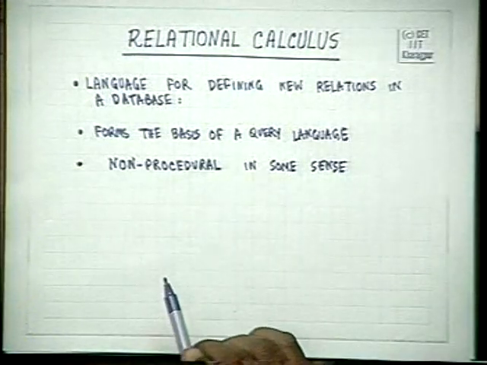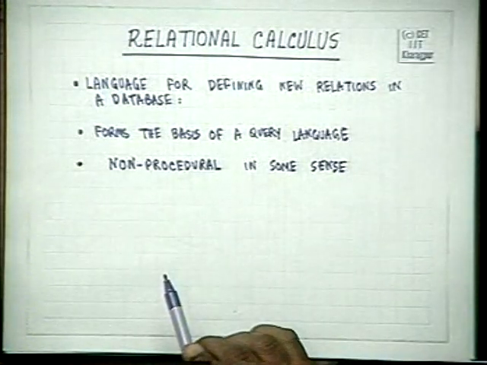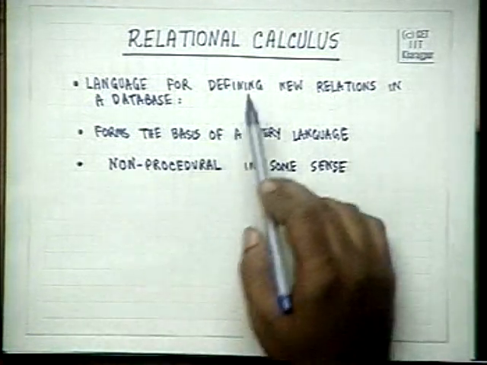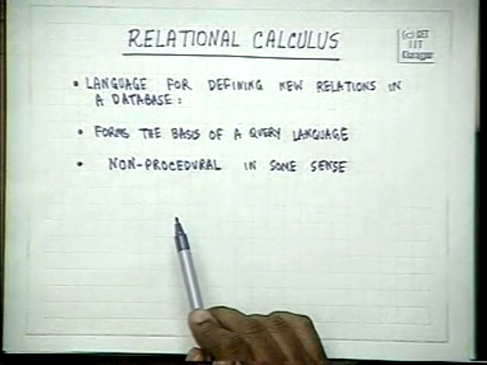non-procedural in some sense. This means that in order to express a relation using the relational calculus scheme, you don't have to detail out all the steps or the sequence of steps by which you are to obtain the relation. You are to just define the relation in some logical language.